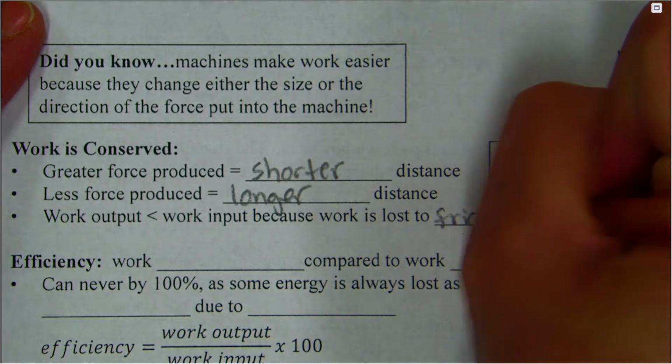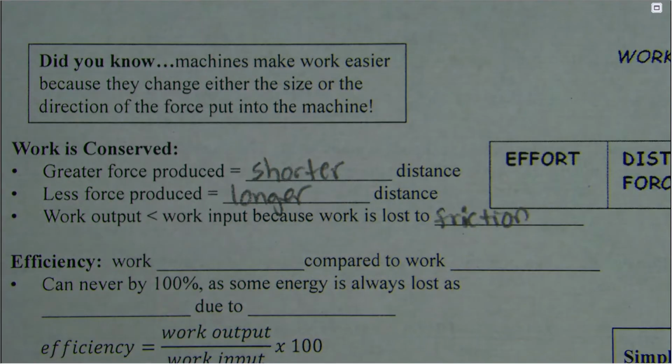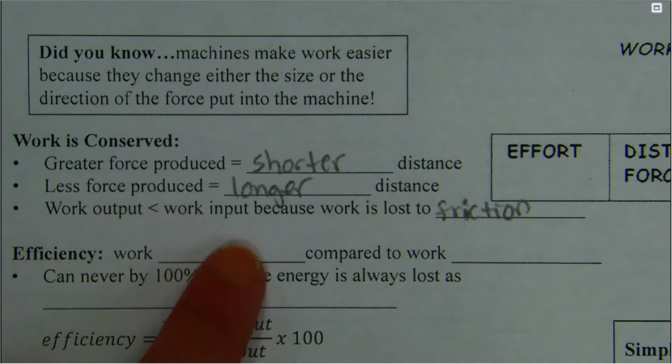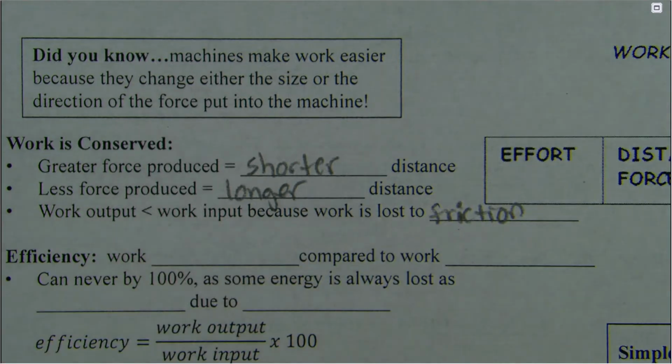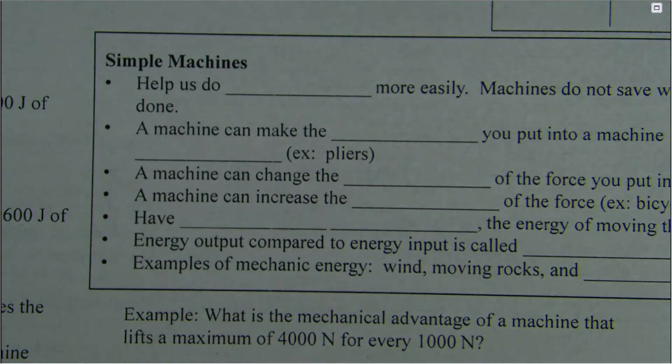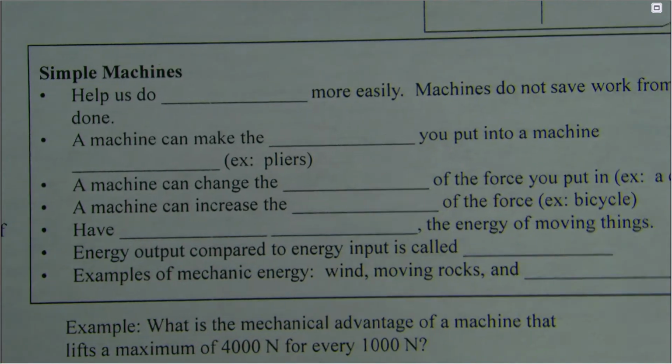We spent a lot of time working on friction last unit and even in this unit as well. Friction will always cause there to be less work put out than what is put in. So we're going to look at our types of simple machines, and then we're going to come back and look at efficiency and mechanical advantage.